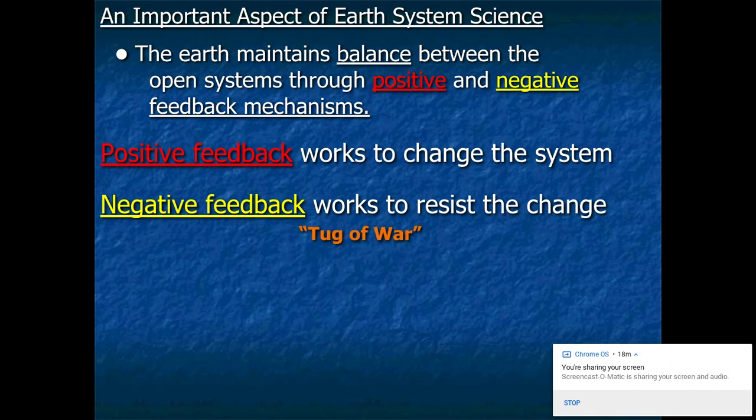Another way to look at an example of a positive and negative feedback mechanism is to analyze the game of tug of war. If you haven't ever played this game, basically a group of folks stretch a rope, 10, 12 feet long.